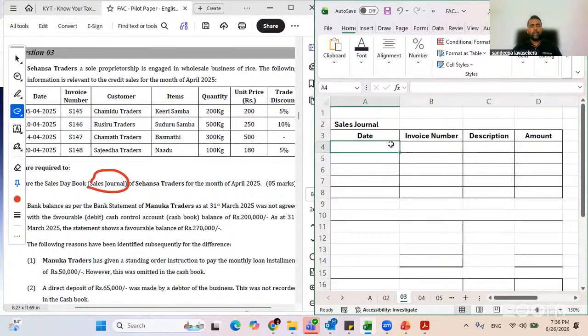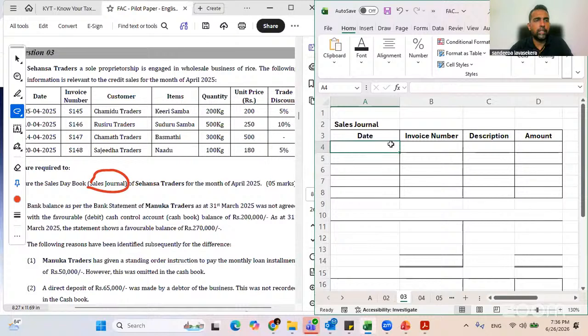You know the format: date, then the source document number, then the description and the amount. It's a very easy format, not a difficult one. We have to always take the amount after trade discount.